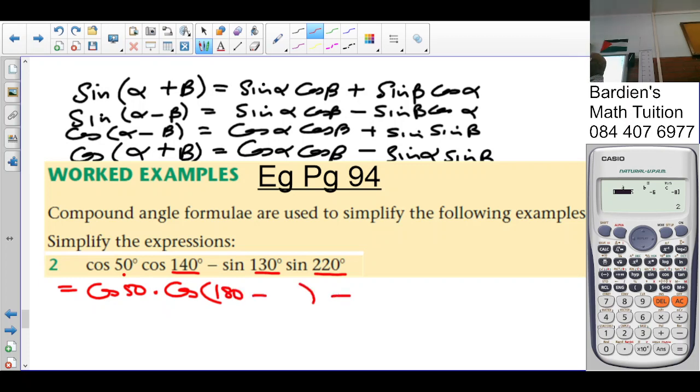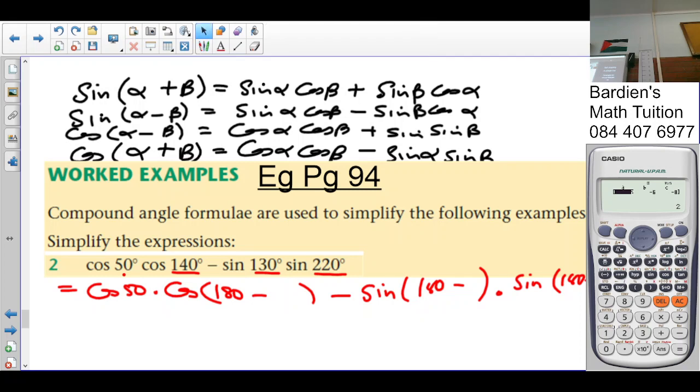Sine 130 is in which quadrant? Second quadrant. How do we get in the second quadrant? 180 minus an angle. 220 is in which quadrant? Third quadrant. So it's going to be 180 plus an angle. Work that out, please.